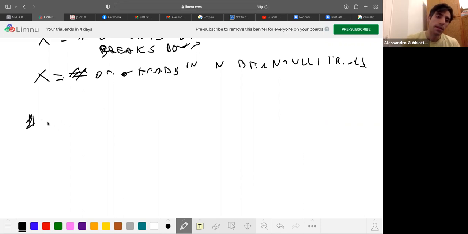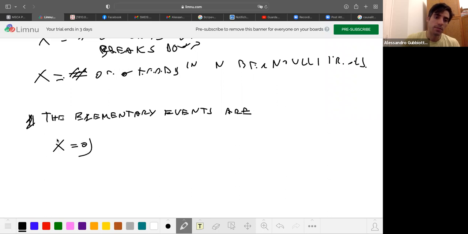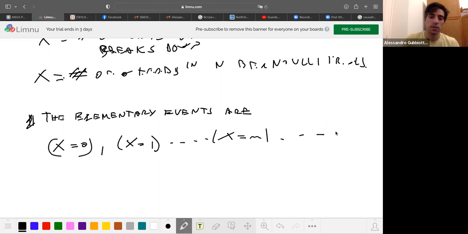Then the elementary events of observing a number are x equal to 0, x equal to 1, etc., x equal to n, all these events.